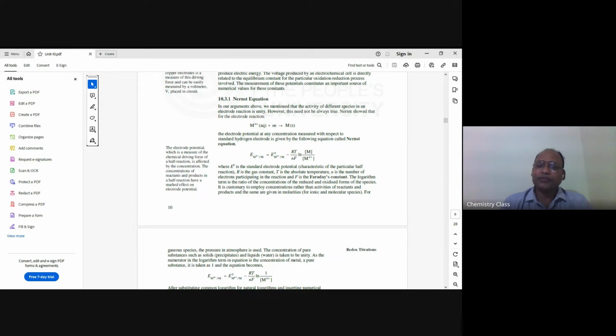One more thing I told you some time before. If the number of electrons is not equal on both sides, then you have to balance it.